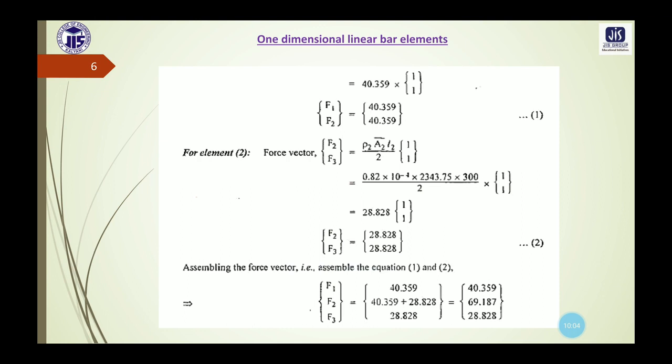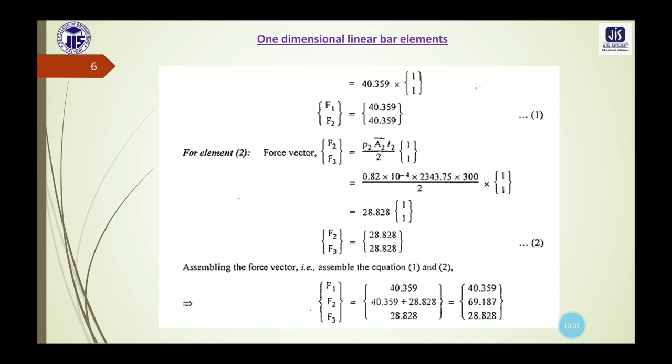and on the right hand side of this equation we write rho 2 A2 L2 divided by 2 multiplied by the column matrix of 1, 1. If we put the values of rho, A and L here, we get equation number 2, which is the force vector equation for element 2. Now we need to assemble equations 1 and 2.